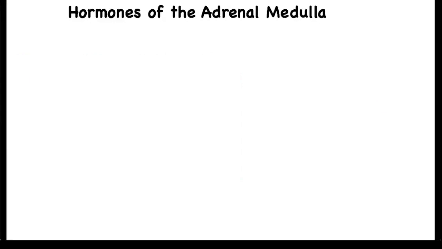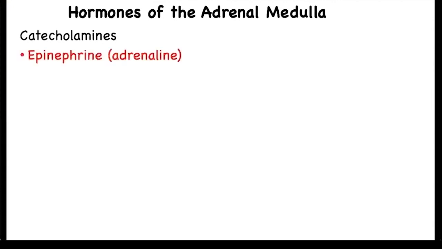Now let's move on to the adrenal medulla, located within the core of the adrenal gland. Hormones released by the adrenal medulla are called catecholamines. 80% of the catecholamines released by the adrenal medulla are epinephrine or adrenaline, and 20% are norepinephrine or noradrenaline.